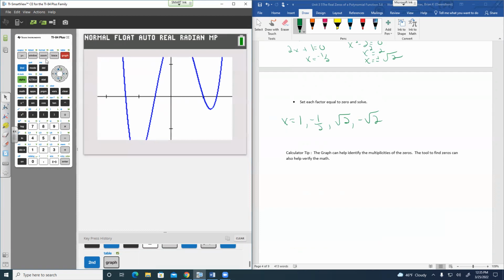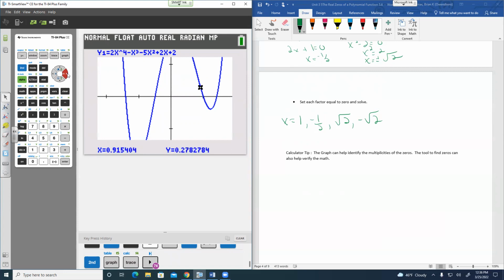If I hit the trace button and just let it follow along, see what it gets when it gets over here. Notice how negative 0.5 is really, really close to negative 1/2. So that looks good. Come on back down.